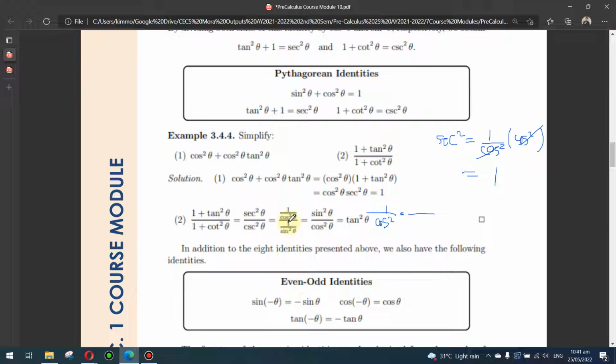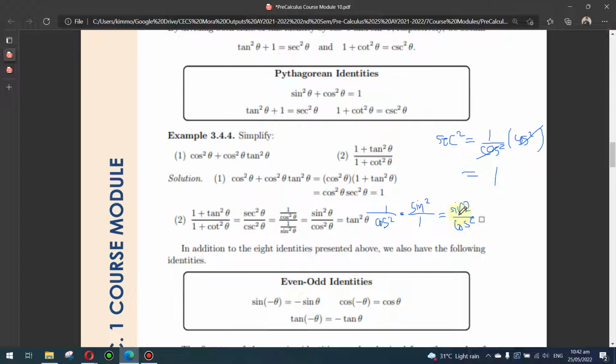The reciprocal of the denominator becomes the numerator, so we have sine squared. Then the numerator becomes the denominator, which is equal to 1. So 1 times sine squared is sine squared, and cosine squared times 1 is cosine squared.